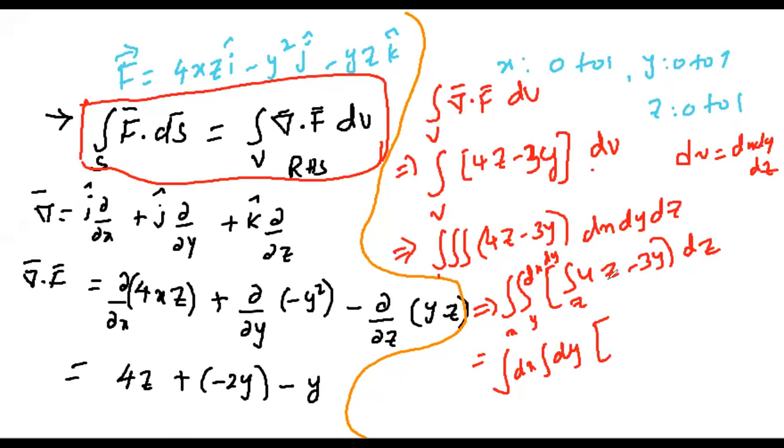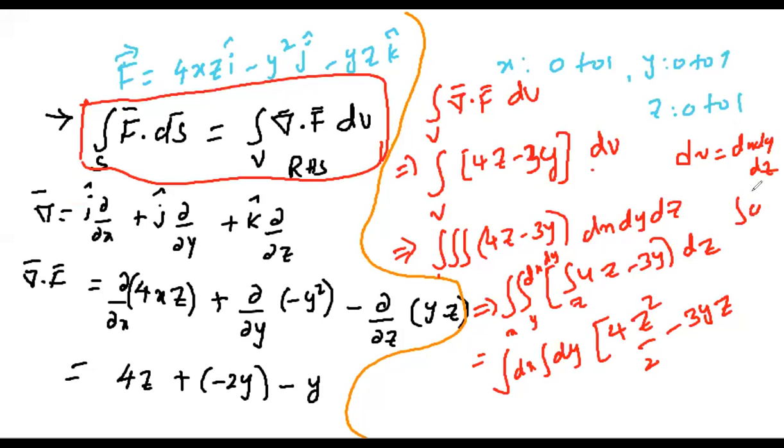Integral of z to the n is z to the n plus 1 by n plus 1. Yes, correct. So z to the power 1 plus 1 over 2 gives 4z squared by 2. One more thing: 3y is a constant, but multiplied by 1, its integral is 3y z.